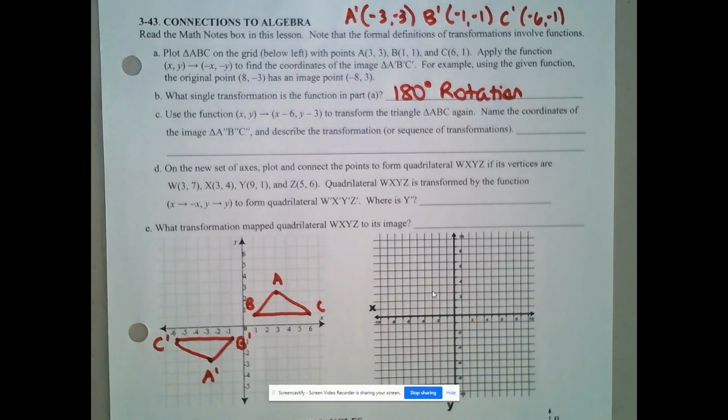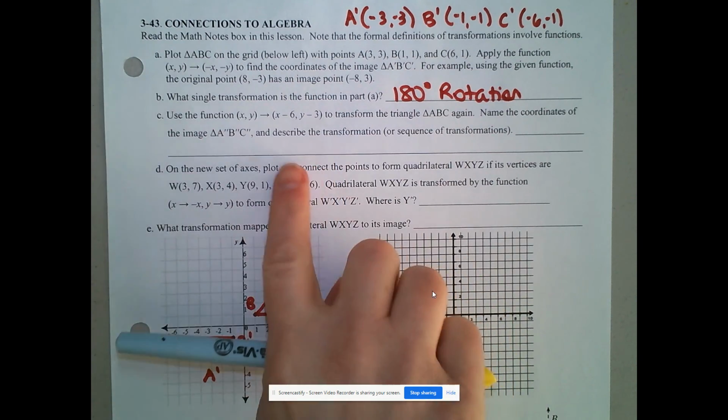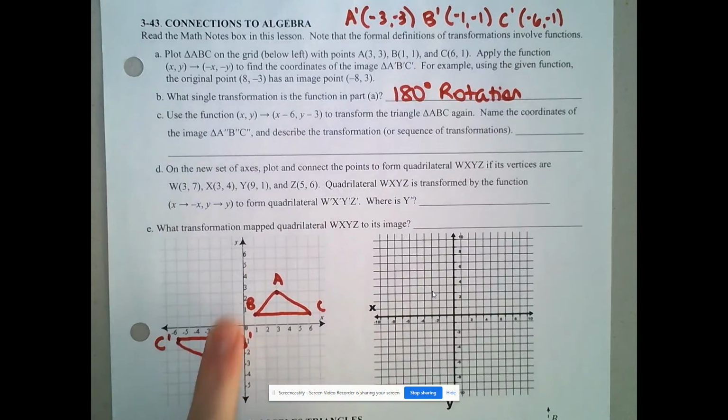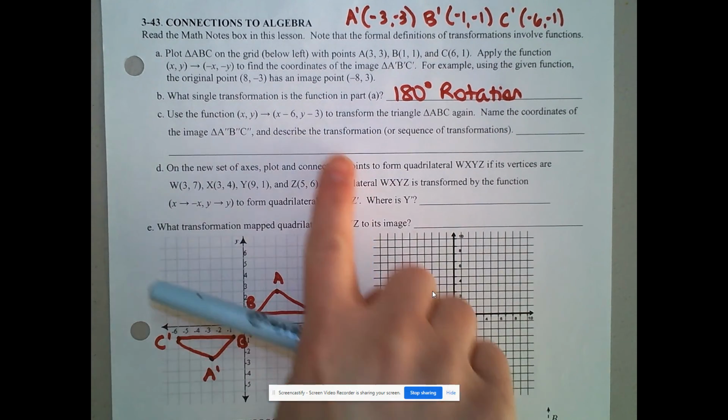Use the function (x, y) becomes (x - 6, y - 3) to transform the triangle ABC again. Name the coordinates of the image A double prime, B double prime, C double prime. Now notice it had us go back to the original triangle. It said to transform triangle ABC. So we're not transforming this image. We're transforming the original one. And this particular transformation is a slide.